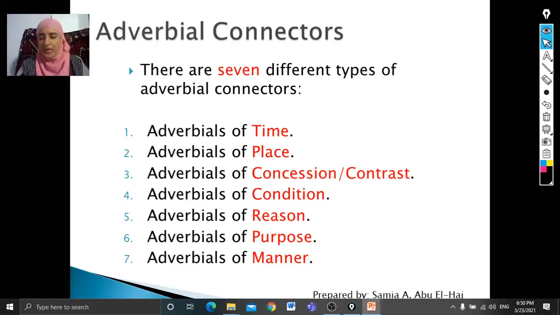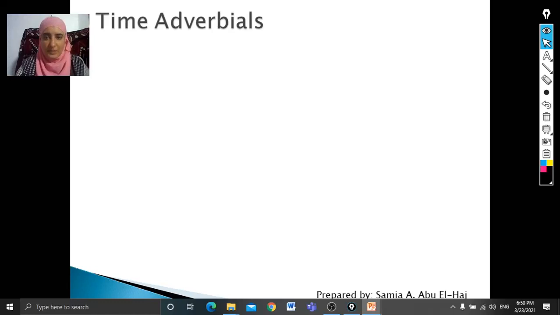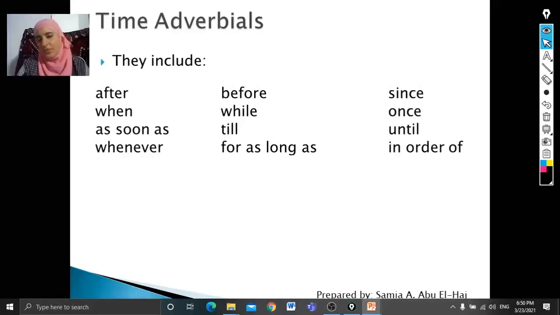Okay, let's start with time adverbials. So time adverbials have those words. You need to study those words. Those express time, and any one of them has the same job, the same meaning, and the same structure.